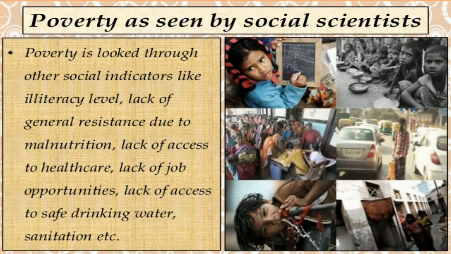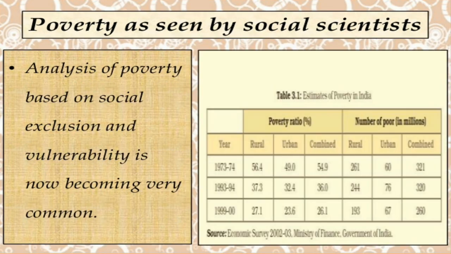Poverty is looked at through other social indicators like illiteracy level, lack of general resistance due to malnutrition, when a person is not able to get nutrition value in his food, lack of access to healthcare, lack of job opportunities, lack of access to safe drinking water, sanitation, etc. Analysis of poverty based on social exclusion and vulnerability is now becoming very common.